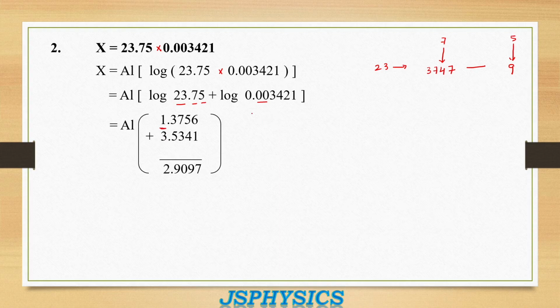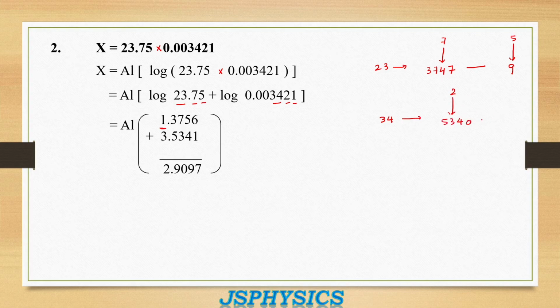To find the mantissa, again we have to neglect the decimal point and we have to divide this number into 3 groups. So now we have to find in the row of 34, under the column of 2, the number written is 5340.